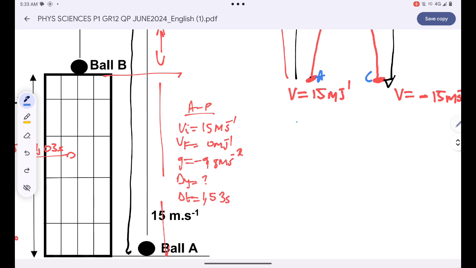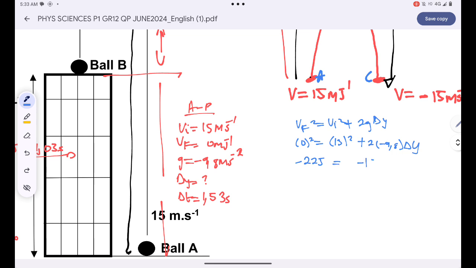Okay, so I'll simply say Vf squared is Vi squared plus 2g delta Y. The final velocity squared is 0. I have 15 squared plus 2 times negative 9.8 delta Y. When I take the 15 squared to the other side, I'll simply get negative 225.